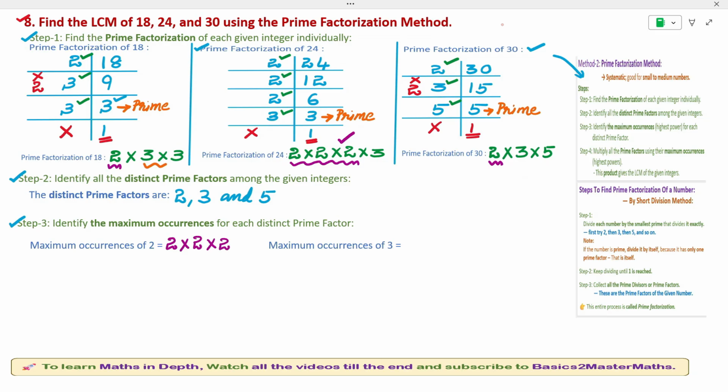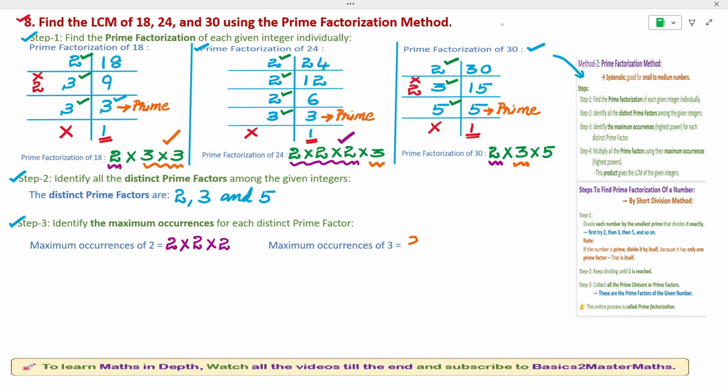Similarly, 3 occurs in the prime factorizations of 18, 24, and 30. But it occurs more times in the prime factorization of 18.